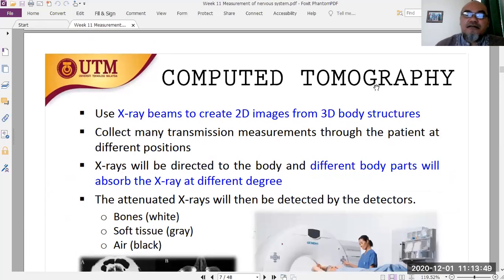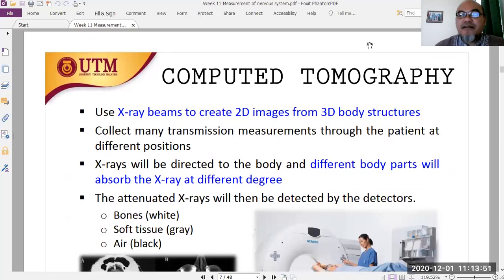Then the third technique is computed tomography. We have explained a little bit of this in the previous session: a three-dimensional image of the body is reconstructed from two-dimensional image slices within this rotating X-ray structure.